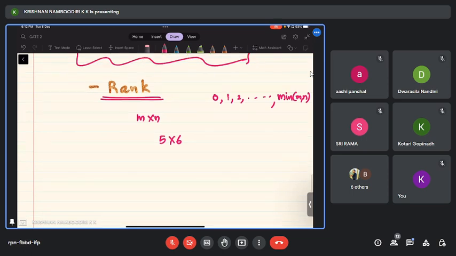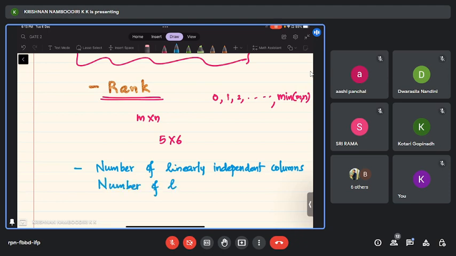Now, what is the definition of rank? Rank is defined as the number of linearly independent columns, or this is the same as the number of linearly independent rows.